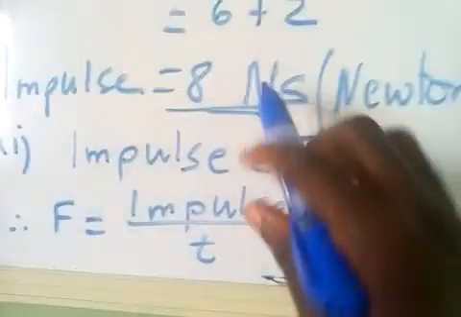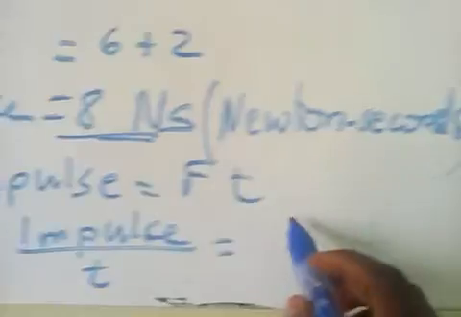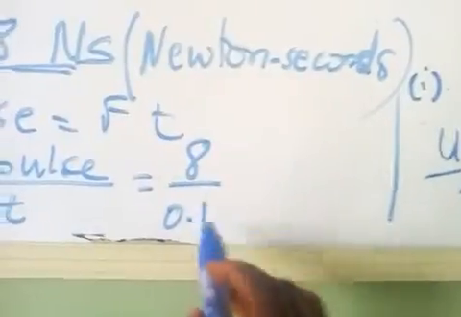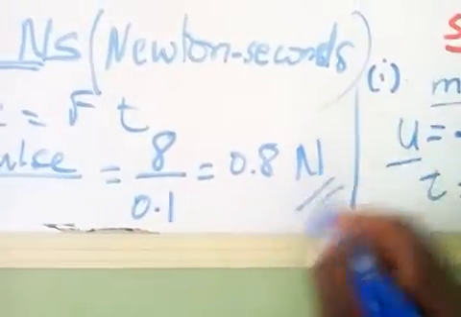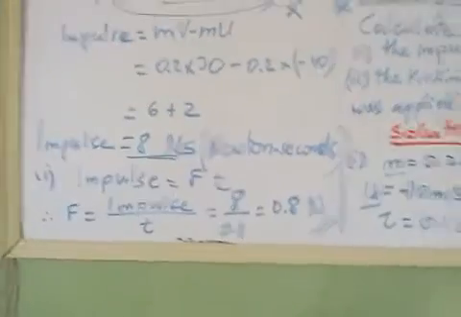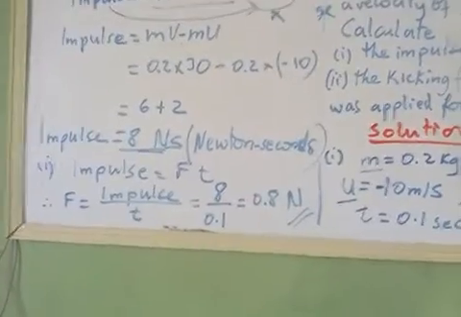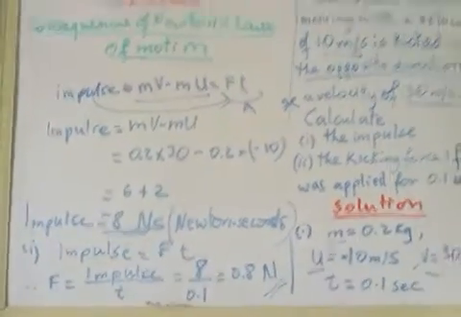But impulse has been calculated as 8 here. So you have 8 over t, which is 0.1. This is going to give us 80, and force is always in Newtons, and that is our kicking force, 80 Newtons.